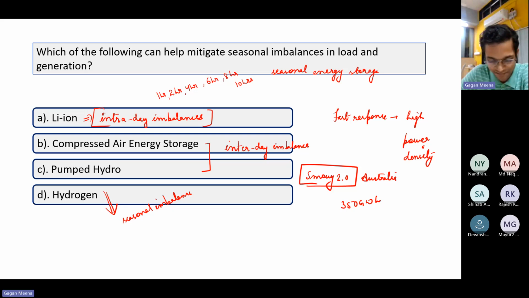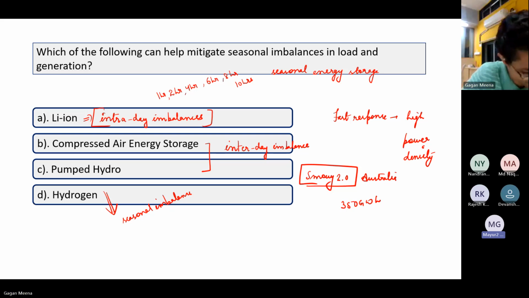But I don't know how viable or feasible it will be for seasonal energy storage. You will harness solar energy and then convert it to hydrogen, then convert to ammonia, and reconvert it back. So overall efficiency is extremely poor. It's very less.